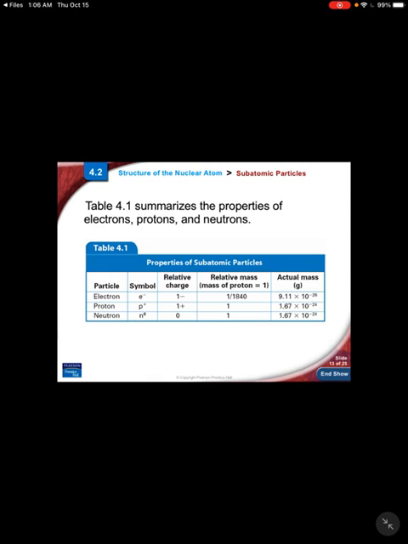The largest element has 118 electrons. So in no element is the mass of an electron a significant fraction of the mass of a given atom of a given element. The protons and the neutrons are much more massive, 1,840 times as massive if you look at this table here, and as a result, they are what contribute to the mass of an atom.